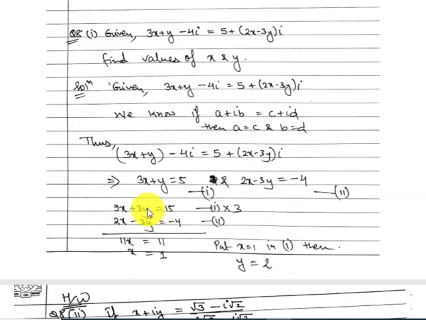On adding, the plus 3y and minus 3y cancel, so 9x plus 2x, that is 11x, is equal to 11, so x is equal to 1. Put x equal to 1 in equation 1, so y will be 2. That's how you get your x and y.